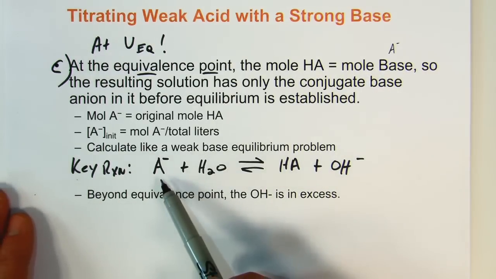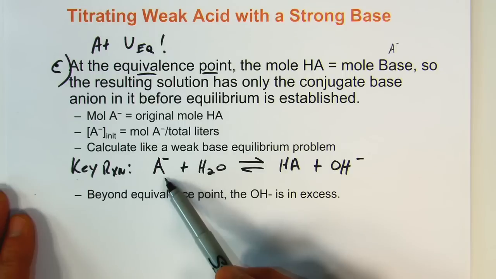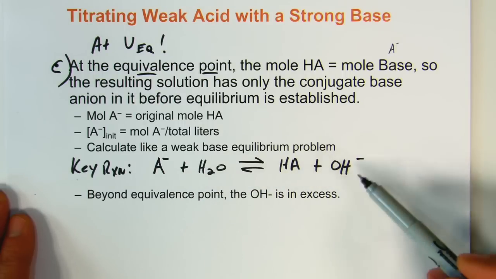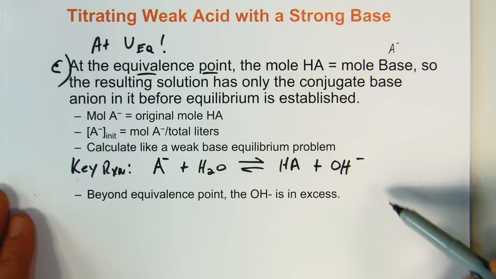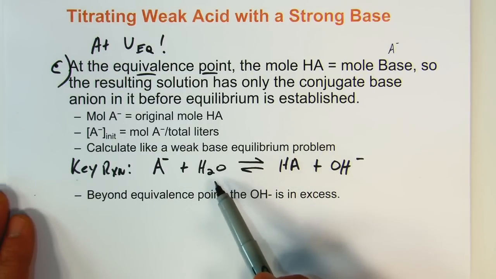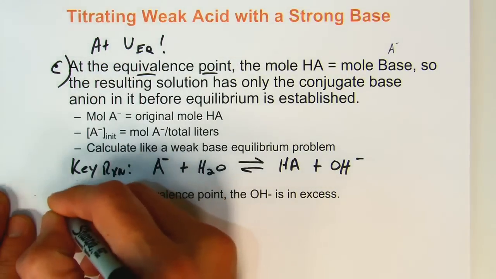So if we solve for the A minus concentration, we could write the key reaction for the hydrolysis of that weak base with water to make HA and OH minus. So we could see that because we make OH minus, we'd expect the pH to go up some. So this reaction is actually crucial at the equivalence point for a weak acid with strong base. This hydrolysis reaction predicts that the pH should be a little bit basic, and in fact it will be for this type of titration.